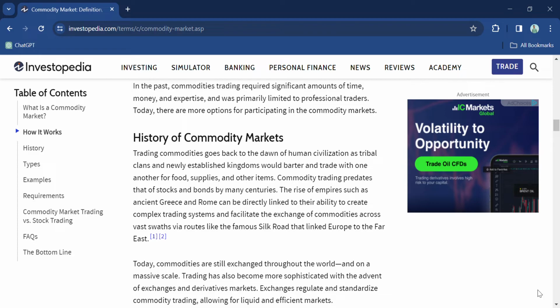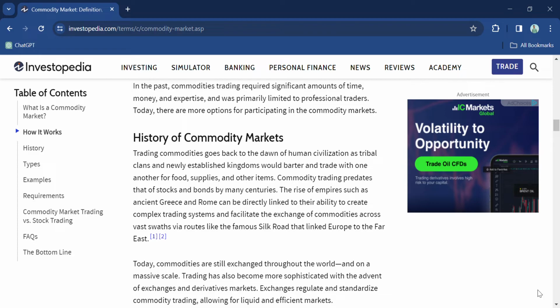History of commodity markets. Trading commodities goes back to the dawn of human civilization, as tribal clans and newly established kingdoms would barter and trade with one another for food, supplies, and other items. Commodities trading predates that of stocks and bonds by many centuries.